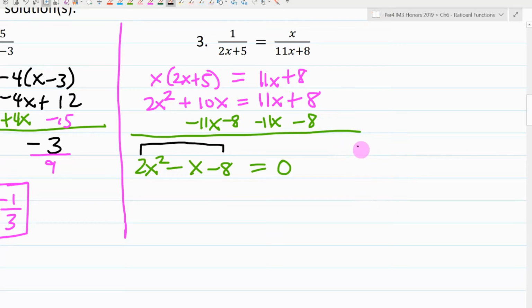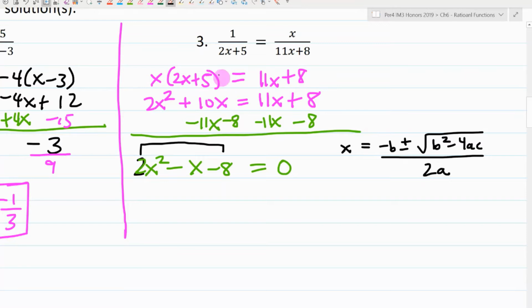So when you can't factor it, you have to use the quadratic formula. So x is equal to negative b plus or minus the square root of b squared minus 4ac over 2a. All right, so this is a, negative 1 is b, and negative 8 is c. All right, here we go.